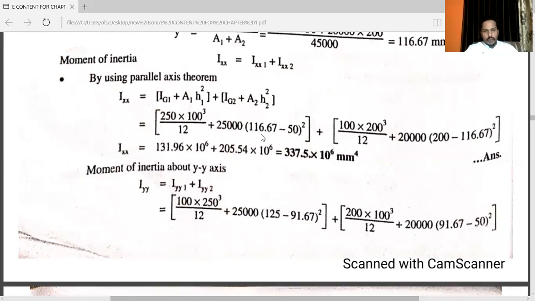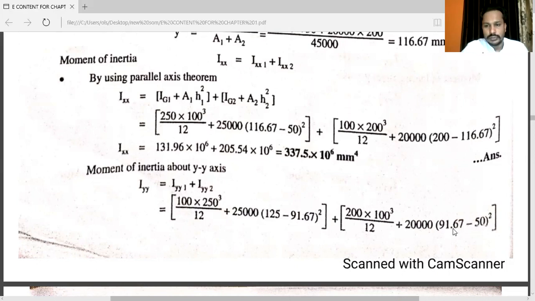See here we have taken y bar minus y1, again here y2 minus y bar. So again you can see here, while taking I by y, you have to take x1 minus x bar.